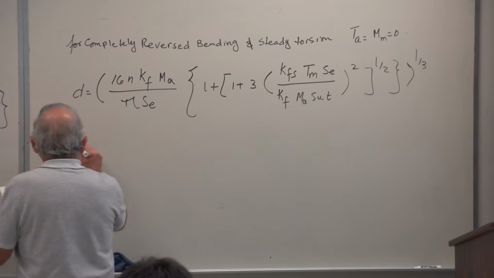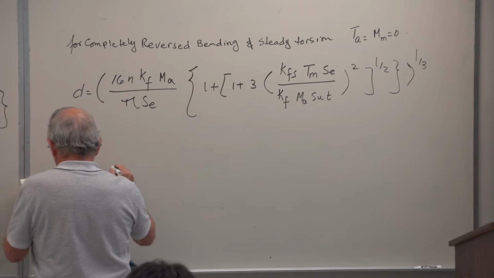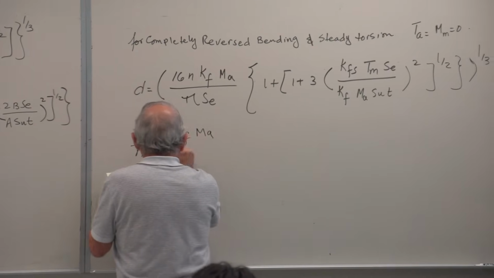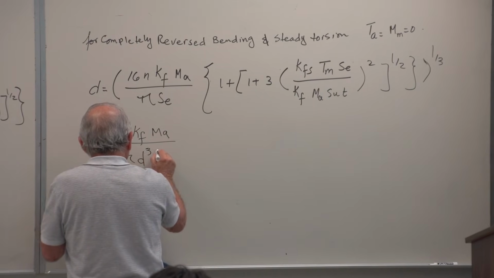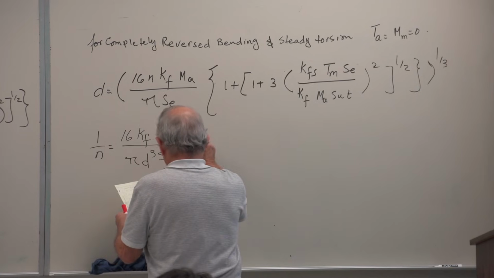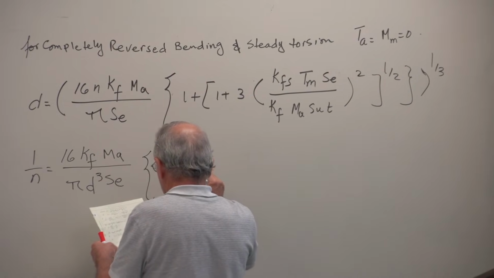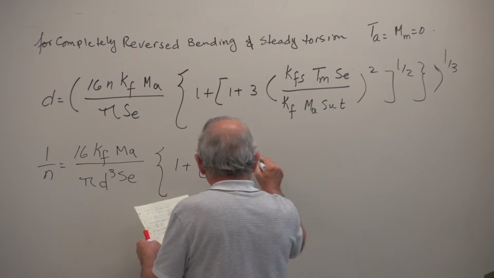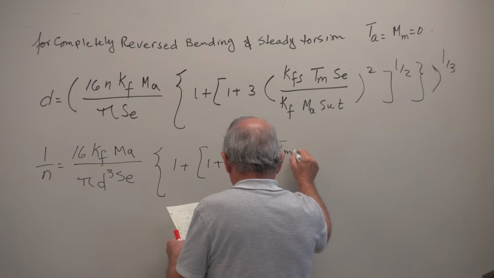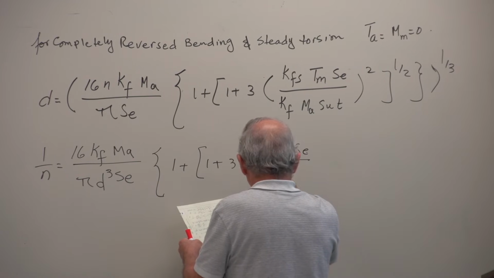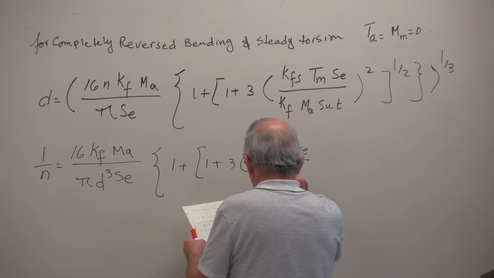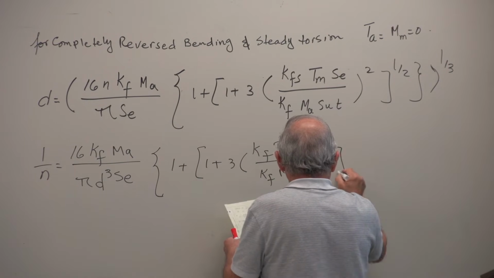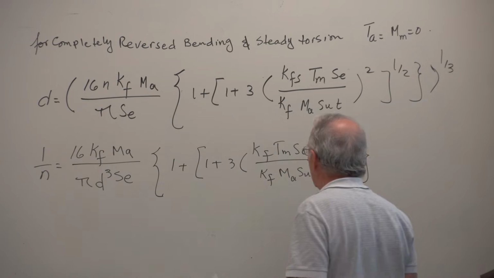So 1 over n then is equal to 16 KF MA divided by pi d cubed SE times 1 plus 3 KF TM SE divided by KF MA SUT squared to the 1/2.